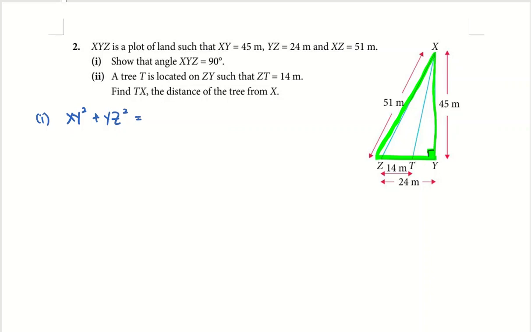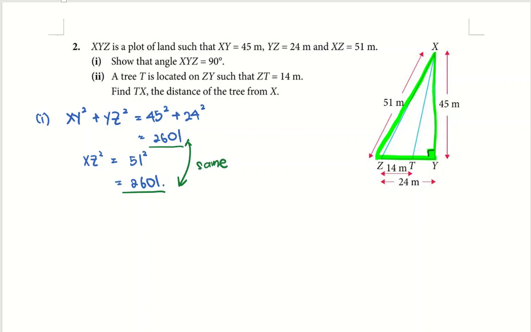Substitute the values in, that will give you 45 square plus 24 square, and you will get a value of 2601. Last but not least, you have your c square, which is XZ square. That will be 51 square, and it will give you a value of 2601. Okay, two values are the same.